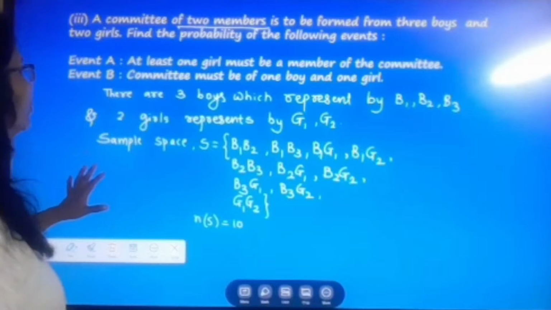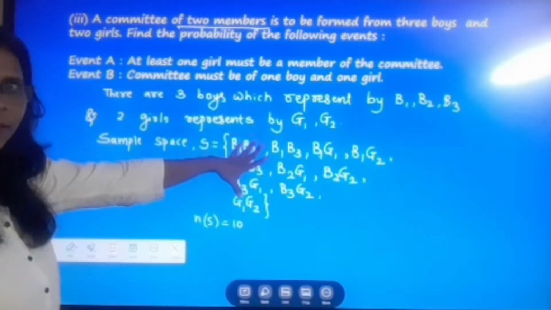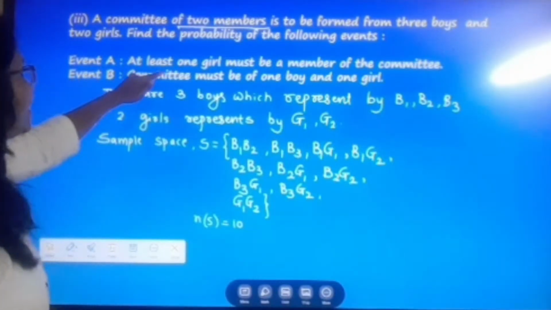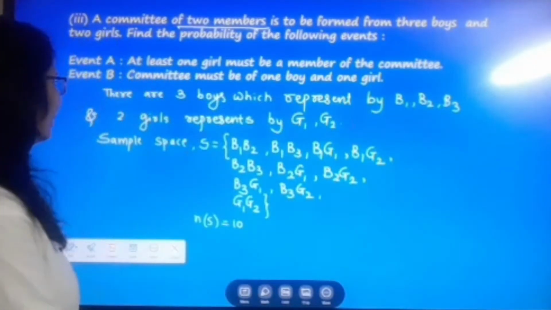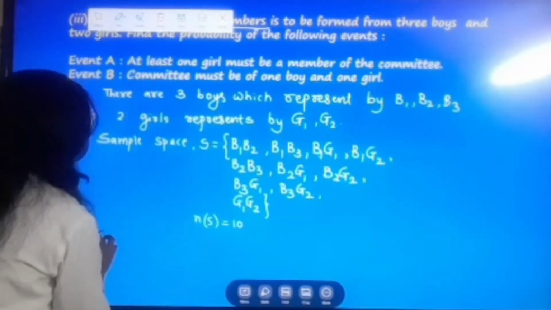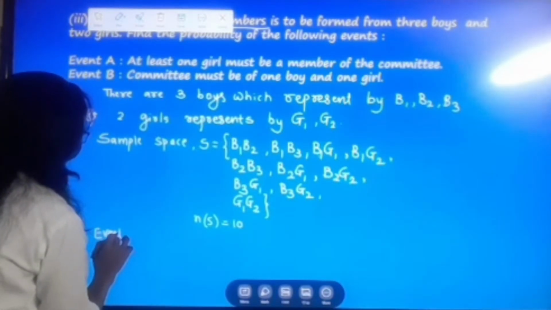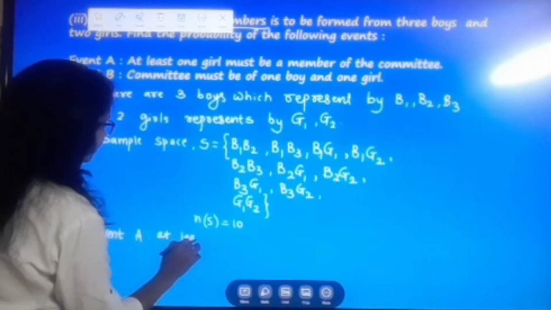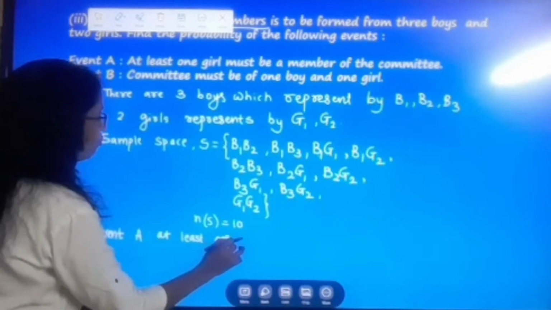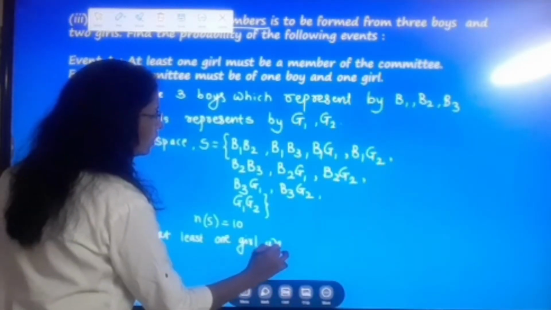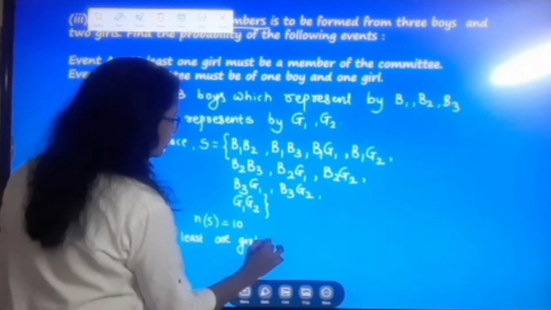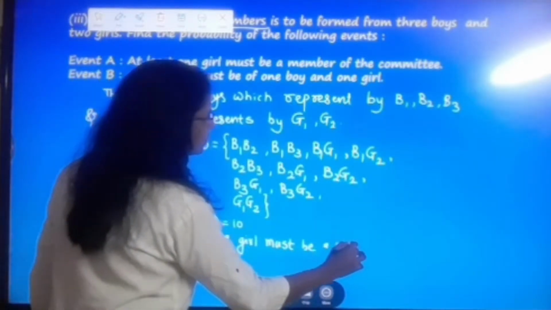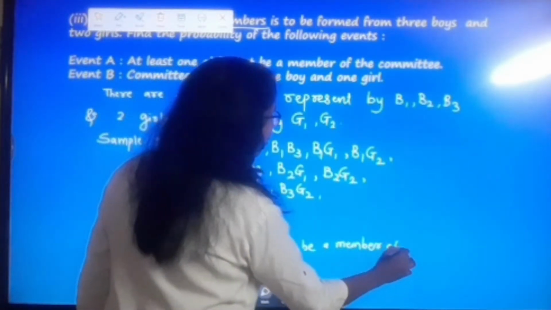Okay, and now this is an experiment, and in that experiment there is an event, and that event is that at least one girl must be a member of the committee. So first I write down the event A: at least one girl must be a member of the committee.